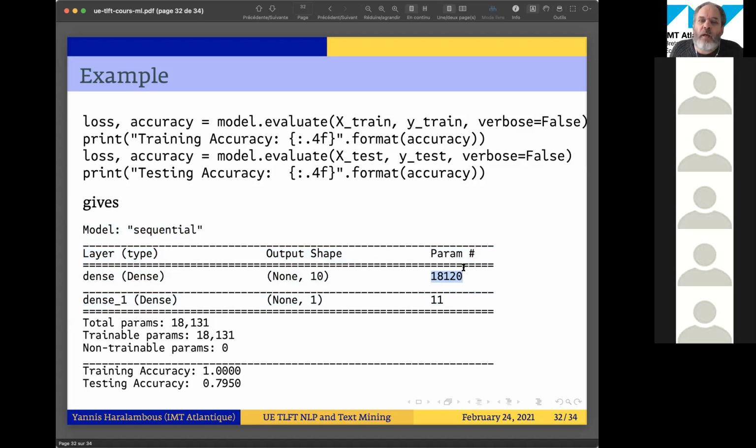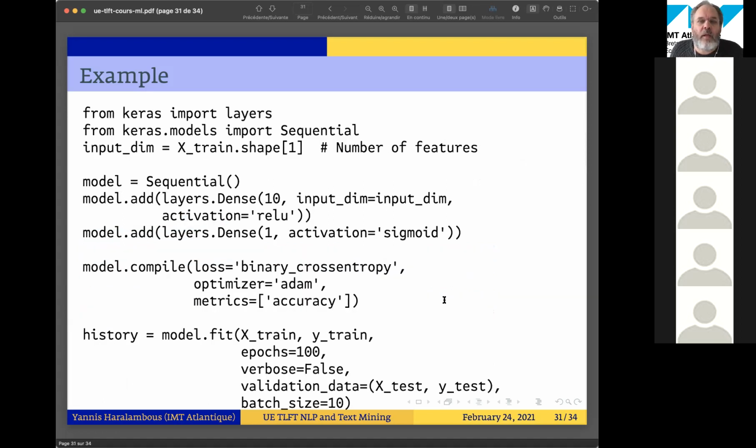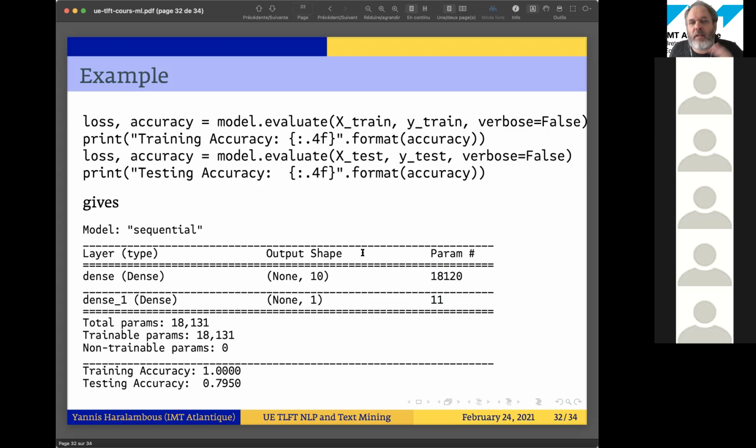And why do we have 11 here? Because we have the 10 output neurons plus the bias. So this is the total number of parameters. So all thetas and b's to be calculated. The training accuracy, 1, of course.